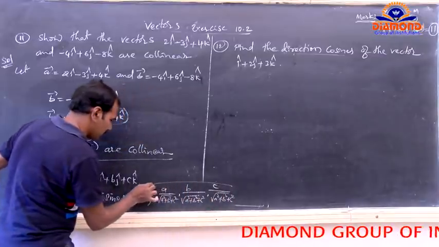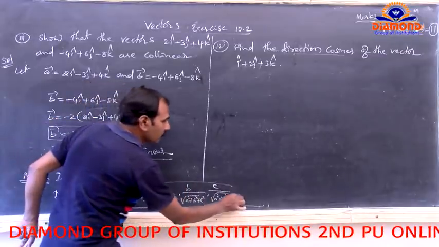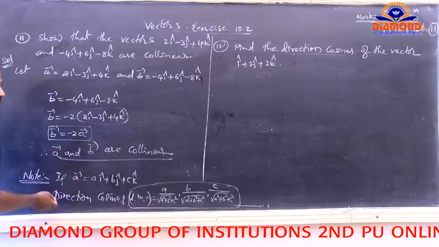This is the direction cosines of the vector.